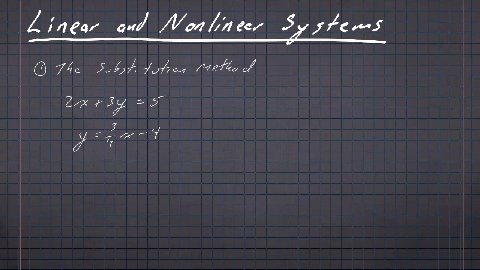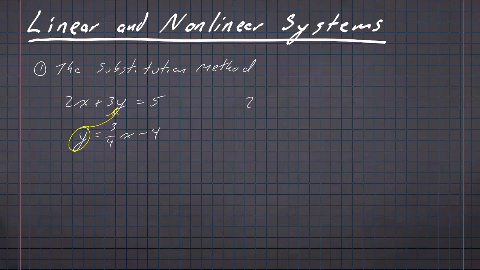For example, 2x plus 3y equals 5, y equals 3/4 x minus 4. Because this second equation is solved for y, a simple way of solving the system is to take that second equation and replace the value of y with the expression in the first equation.